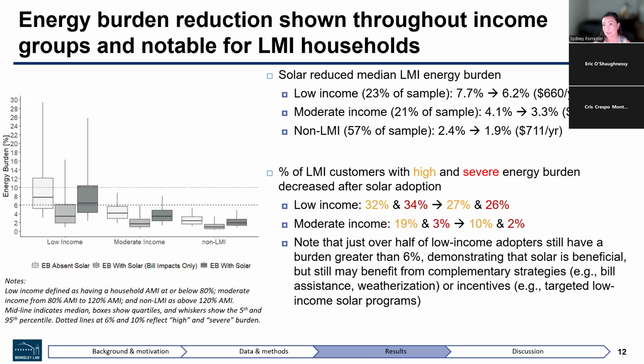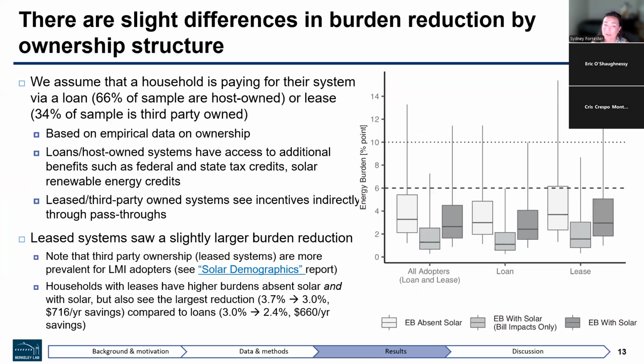There could also be more done to decrease the cost to make that benefit to cost ratio even better, again speaking about the specific low income segment that starts with a really, really high burden. So any incentives that would lower the cost. And theoretically, if you eliminate the cost, then you would see results that look like that middle bar, of just the bill savings and no costs associated.